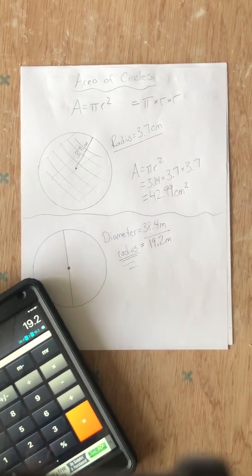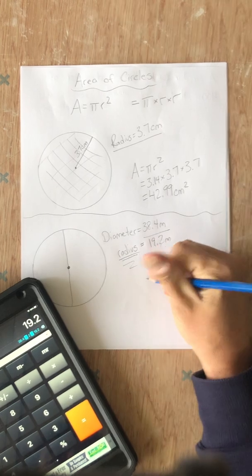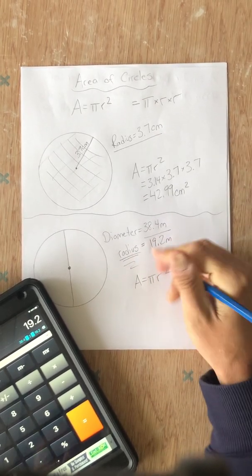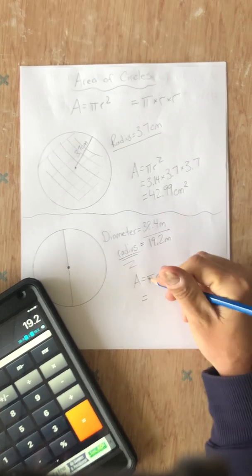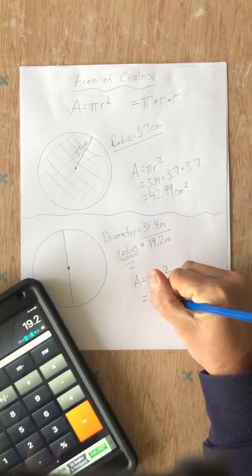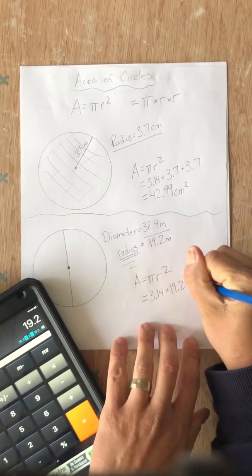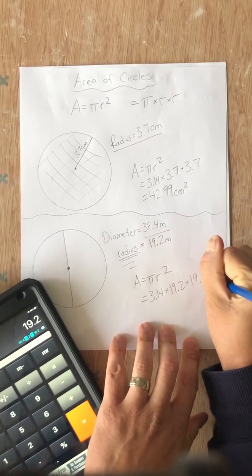Now that I have my radius, I can just plug that into my formula. So area equals pi r squared. Area equals 3.14 times 19.2 times 19.2.